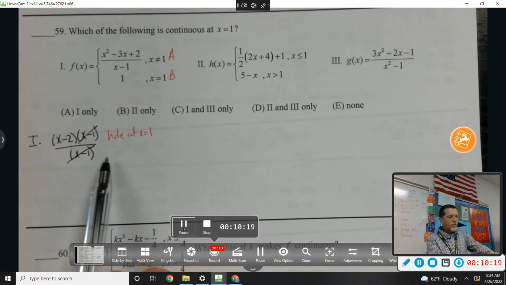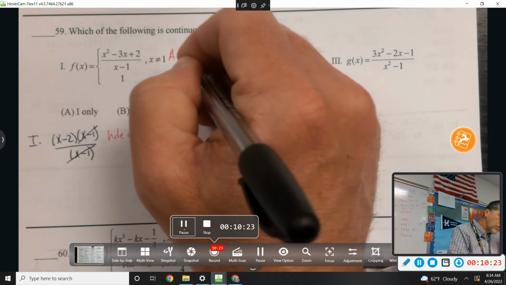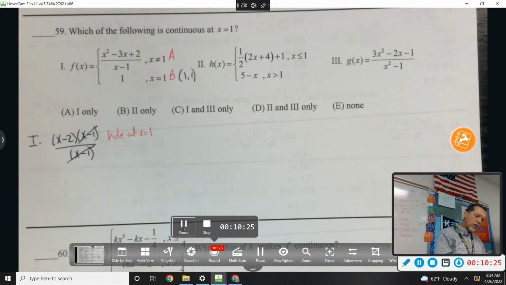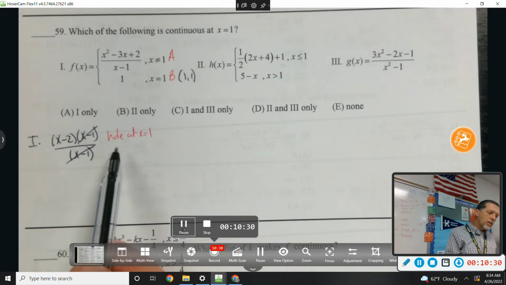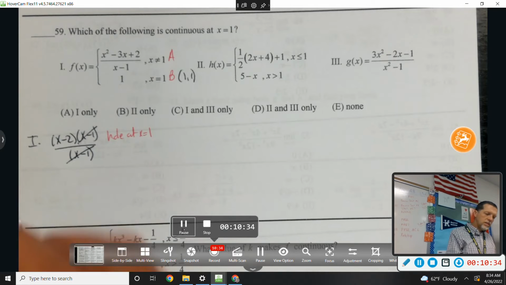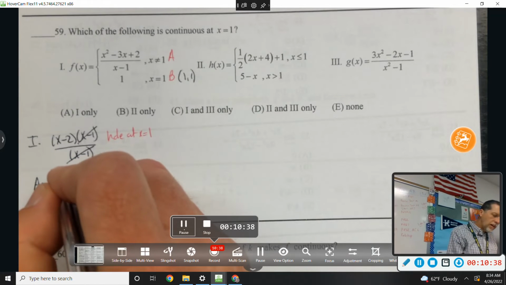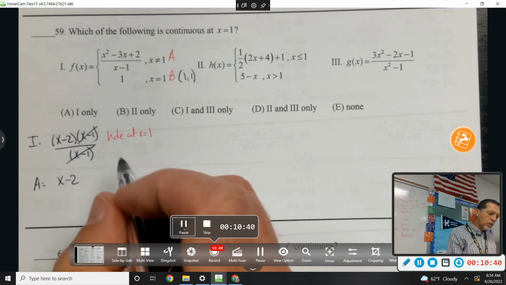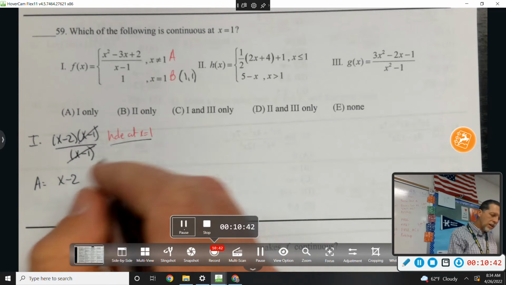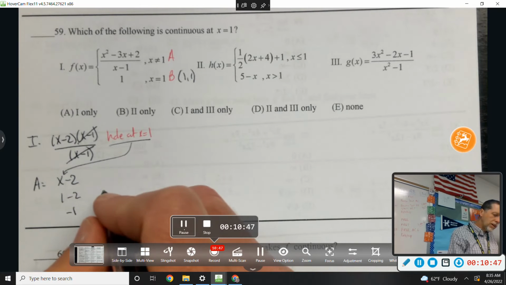So we need to figure out if part B, which is just the point 1, 1, fills the hole that part A created. So how do I find the y value of this hole? Plug it in. So version A is x minus 2, except there's a hole at 1. If I plug in 1, I get negative 1.